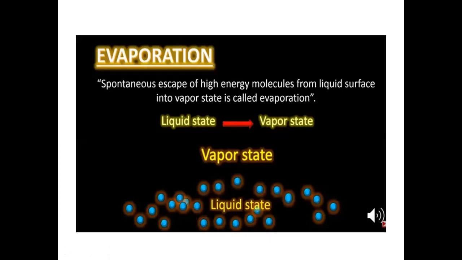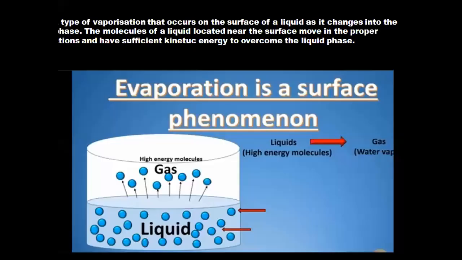Evaporation is the spontaneous escape of high energy molecules from the liquid surface into vapor state, and this is possible because of the random motion of particles of liquid and different amounts of kinetic energy. It is a type of vaporization that occurs on the surface of a liquid as it changes into the gaseous state.